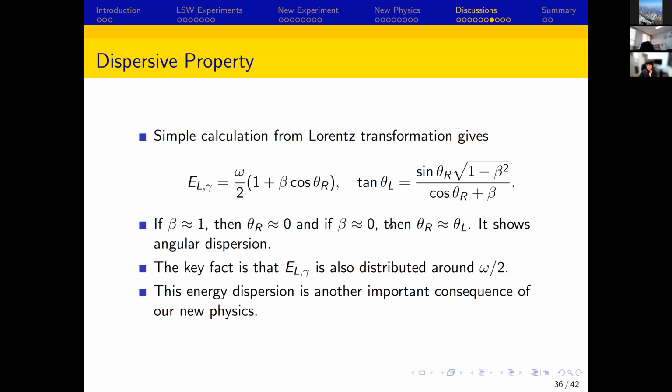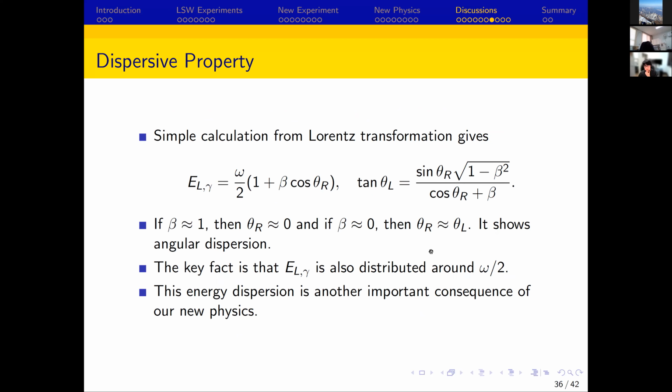Then you can check that if beta is close to 1, then theta_L goes approximately to 0, and if beta is close to 0, then theta_R is close to theta_L. Then it shows the angular dispersion, and we can check that the angular dispersion works.